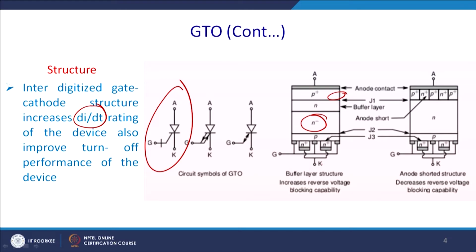You can see that this is junction J2 and this is junction J3. The buffer structure is there to increase the blocking potential in the reverse as well as the forward direction. And in this case, the anode shorted structure decreases the reverse voltage blocking capability. So, this is basically a little different from the conventional thyristor.